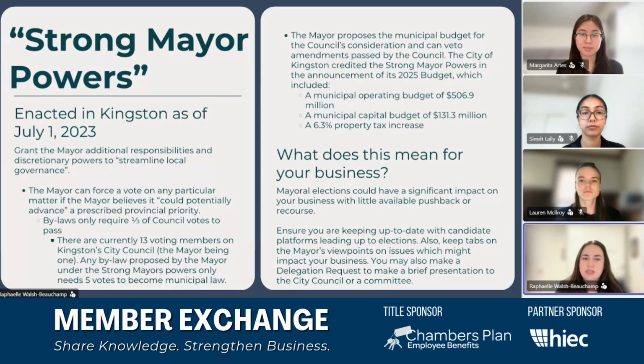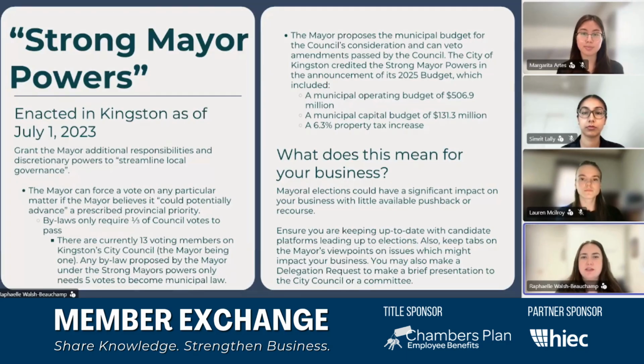There are currently 13 voting members on Kingston City Council, the mayor being one of them. Any bylaw proposed by the mayor under the strong mayor powers only needs 5 votes to become municipal law in Kingston. The mayor proposes the municipal budget for the council's consideration and can veto amendments passed by the council.